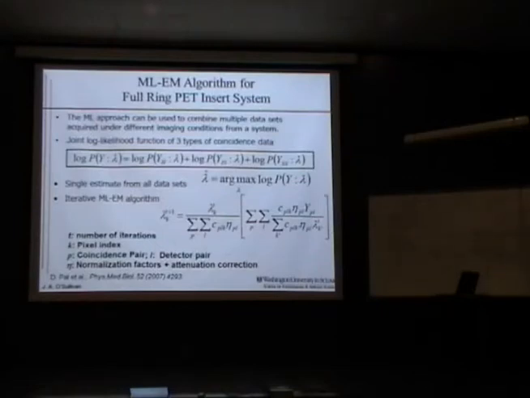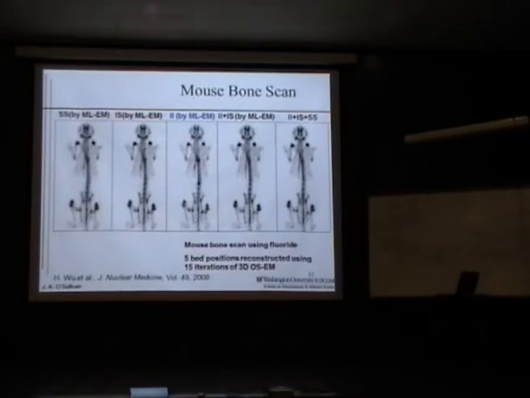And details, if you're interested in this, have been published in this paper in Physics in Medicine and Biology. So here are some images. This is from a small animal prototype that has been built, and you can see reconstructions, or EM results, using maximum likelihood EM from each data set separately, right?